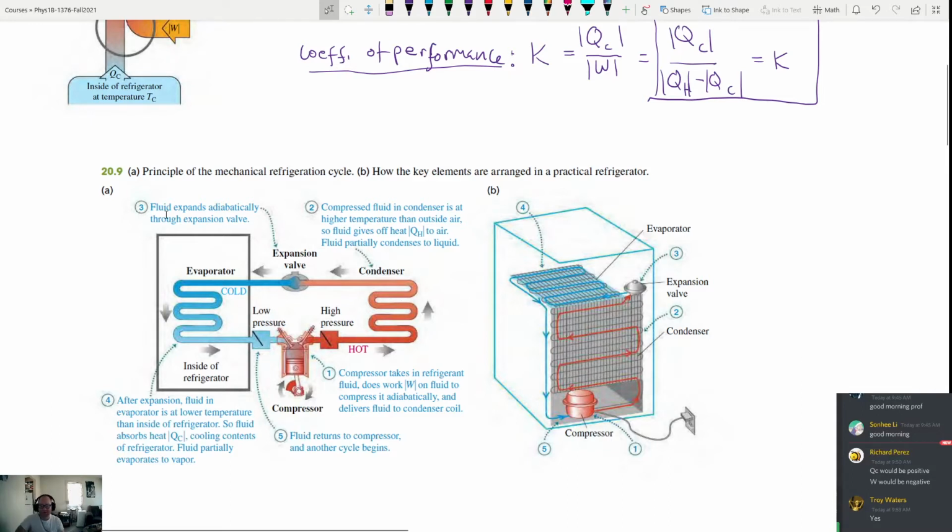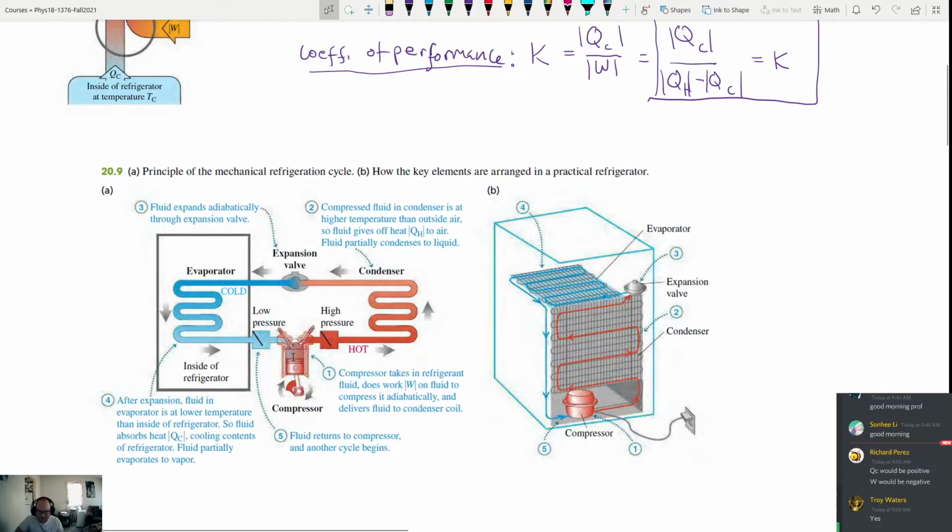Let's start from number 1. It says the compressor takes in refrigerant fluid, does work on the fluid to compress it adiabatically, and then delivers the fluid to the condenser coil. That's a lot of words. When it's delivering to the condenser coil, it's delivering it over here.